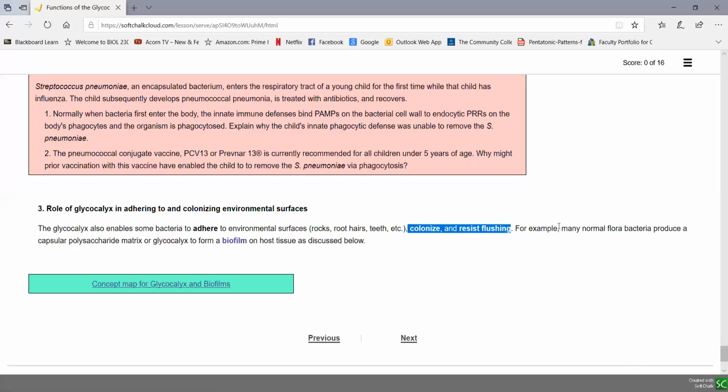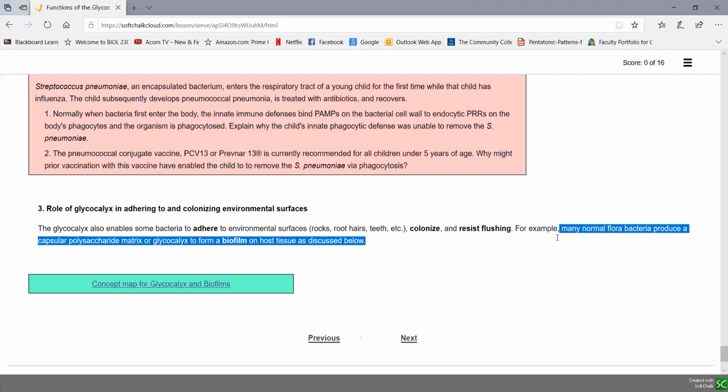And often the body's microbiota, or normal flora, do produce capsular polysaccharides, or glycocalyx, that eventually lead to biofilm formation on host tissue, which will be our next topic in this SoftChalk lesson. So those are the two roles of the capsular glycocalyx that we're concerned about: the ability to resist unenhanced attachment by covering up PAMPs so they can't bind to endocytic pattern recognition receptors.